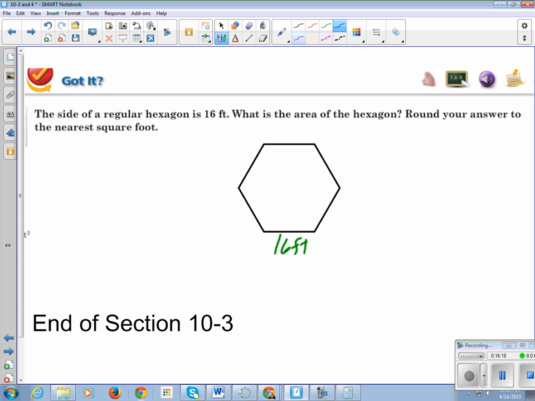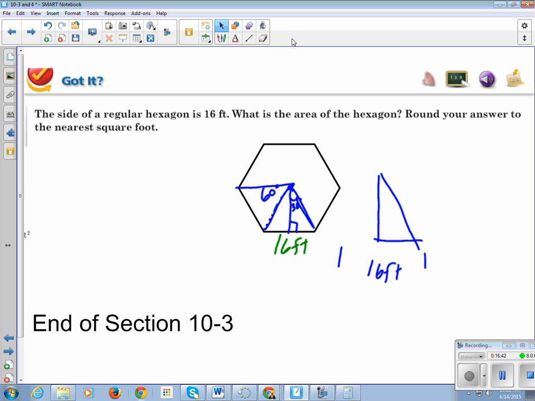Remember, if my central angle is 60, and I cut that in half, then I have 30. So if I look at this little blue triangle, the whole of it is 16, but I only want half of it.